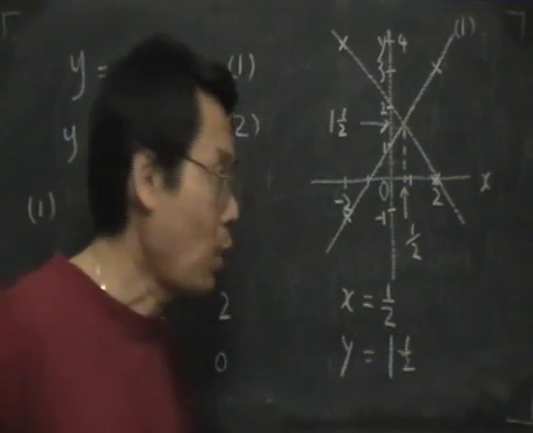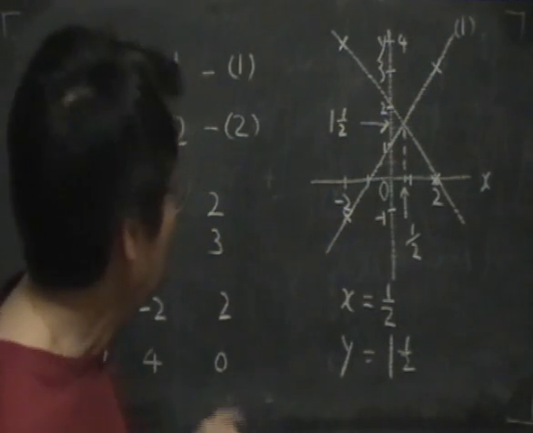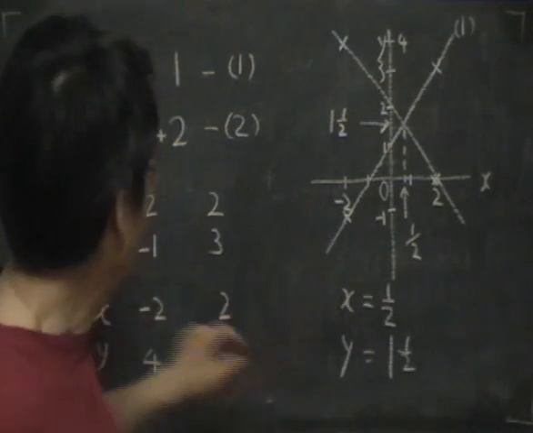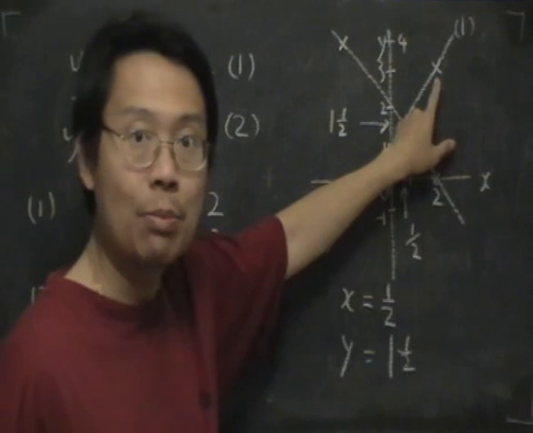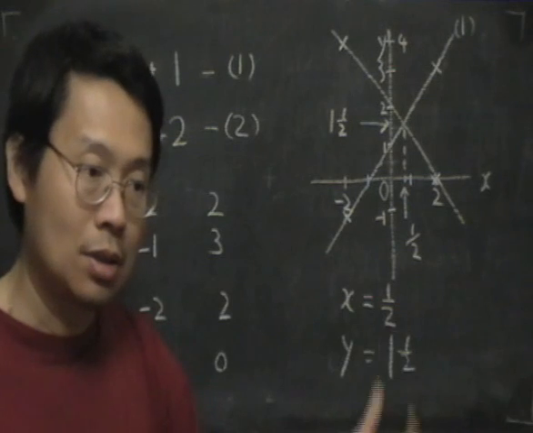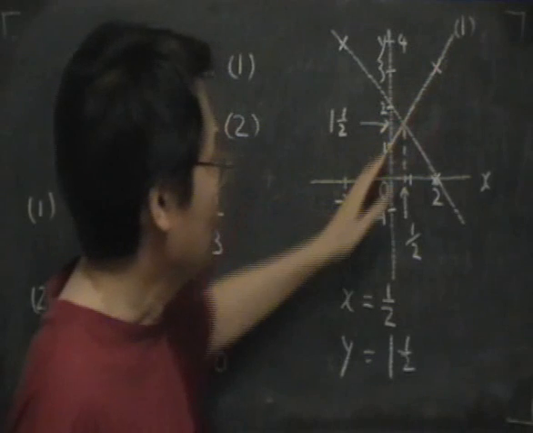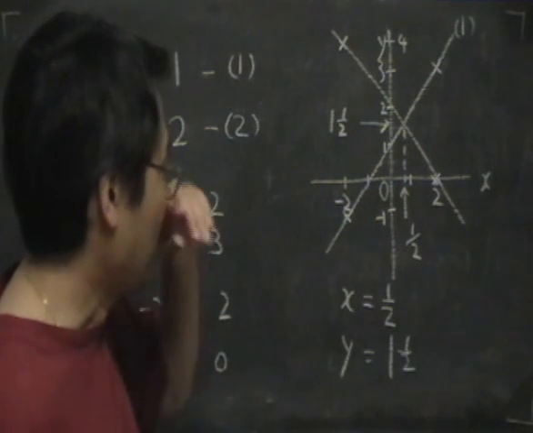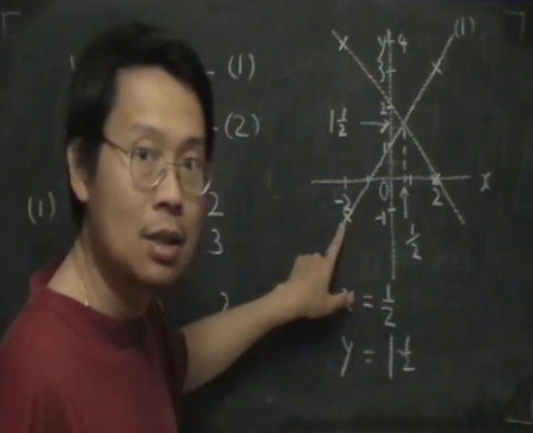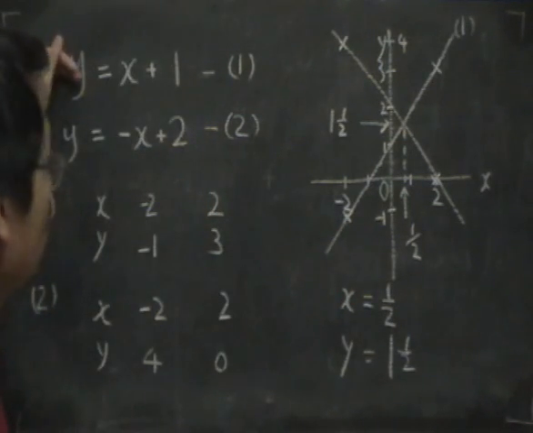And that's exactly why we have a graph like that. What it really means here is, if you look at the -2 and -1, that was this point. 2 and 3 was that point. Now, if you look at it in reverse, if I look at this graph and I pick a point on the graph, like let's say that point, -2 and -1, then the x and y values of that point will satisfy that equation.